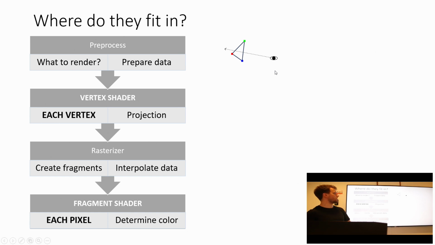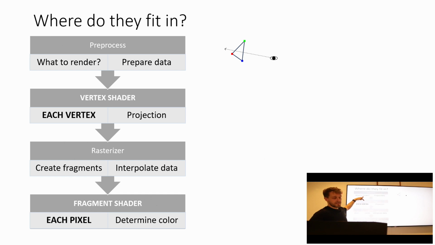So say we've got the simplest model possible, a triangle. 3 vertices, edges between them, and each vertex has a certain color set to it: red, green, and blue. Keep it simple. You've got a camera, and it's looking pretty much directly at it. What the pre-process step basically does is just gather that data.